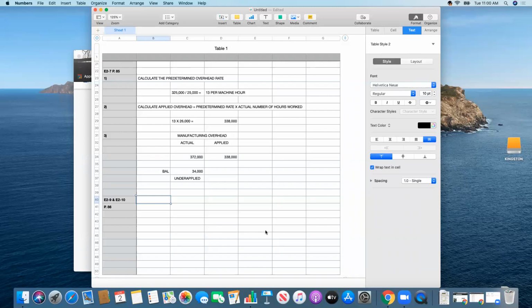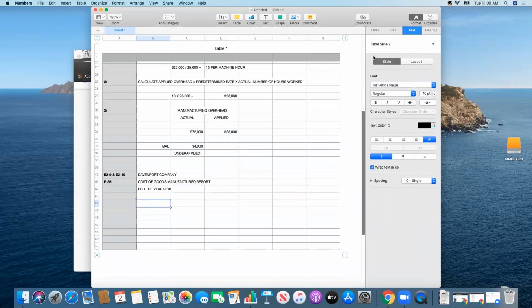So why don't we put a heading, Davenport Company cost of goods manufactured report for the year ended, for the year, they just say for the year 2018, right? They don't put December 31st. I don't agree with it, but that's what they said. Okay, so the first thing we want to do, we need to add more lines. Let's add some lines.